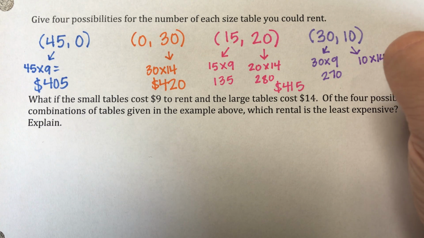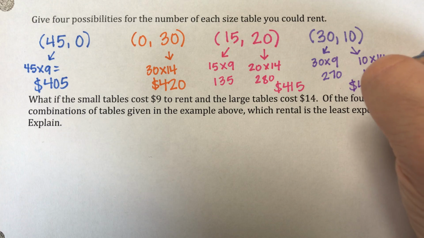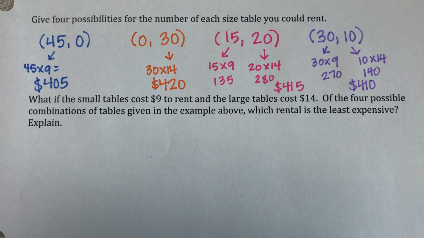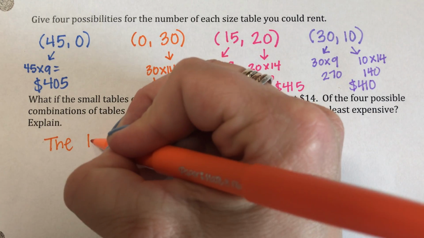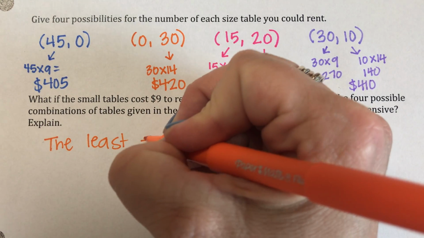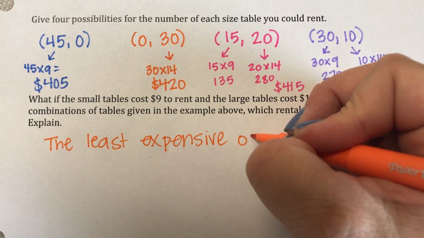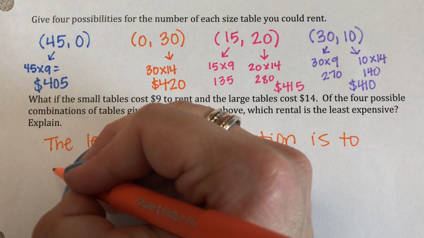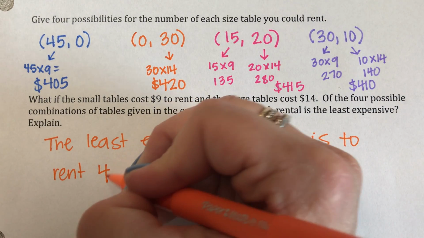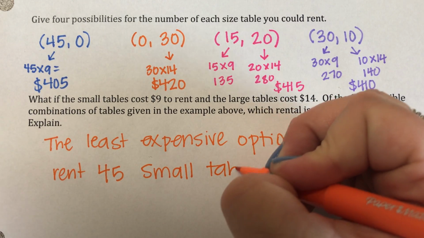And 10 times 14 is 140. And when I put those together, it's 410. So the least expensive option is to rent 45 small tables.